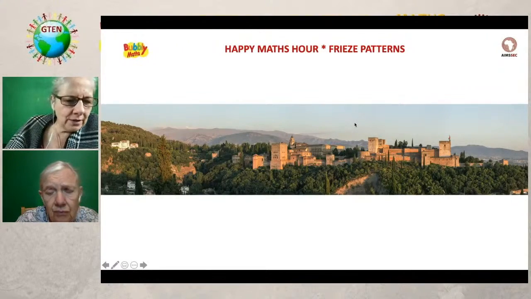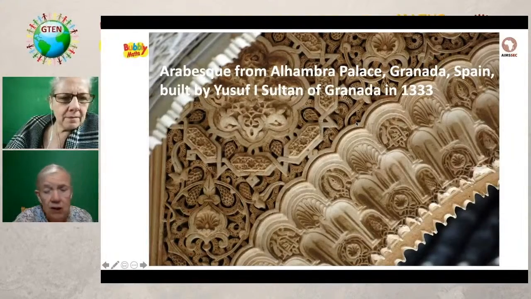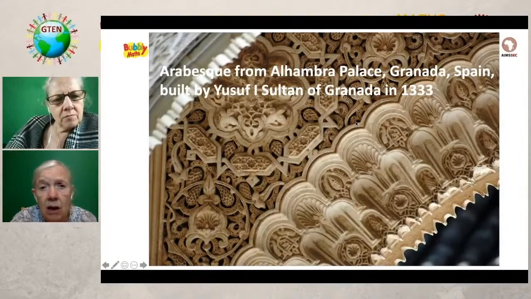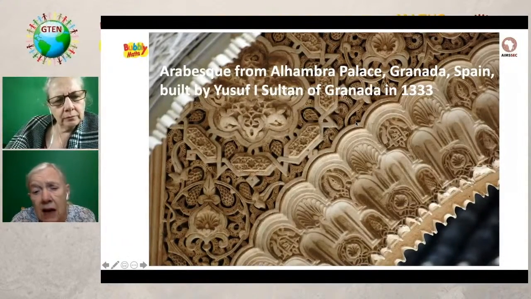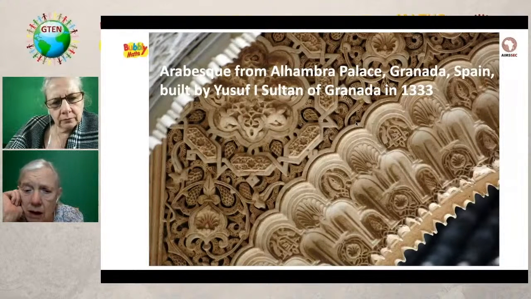You have an example of that, don't you? Well, we have two coming up. These are from the Alhambra Palace, and here is a little piece with quite a few of these friezes on it.